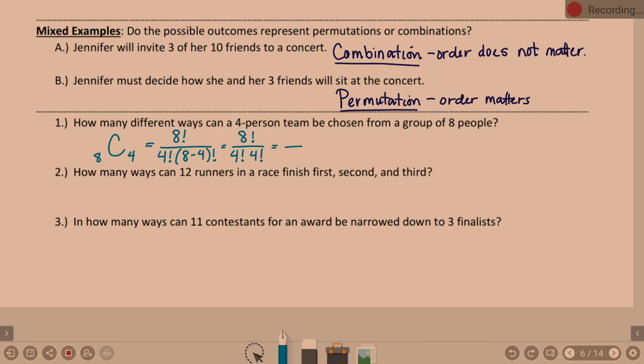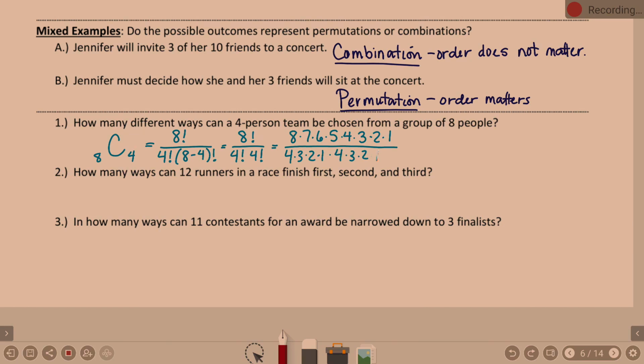8 factorial means 8, 7, 6, 5, 4, 3, 2, 1. 4 factorial means 4, 3, 2, 1. Another 4 factorial means 4, 3, 2, 1.